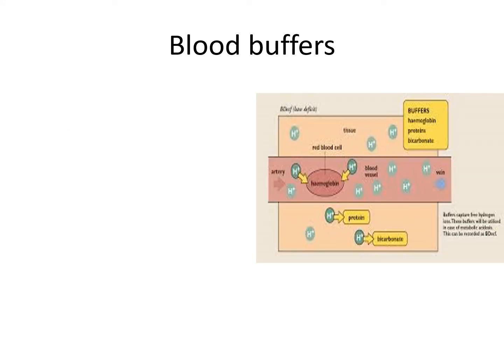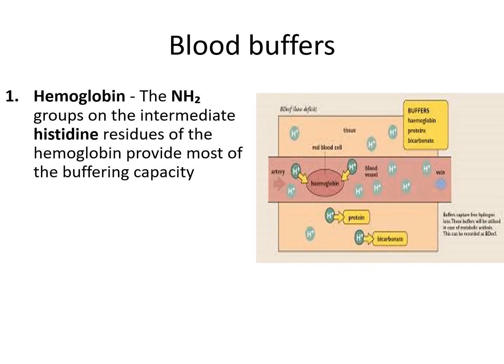So we will discuss hemoglobin first. Hemoglobin contains NH2 or imidazole groups on the histidine residues, which have the property to bind with the hydrogen ion.